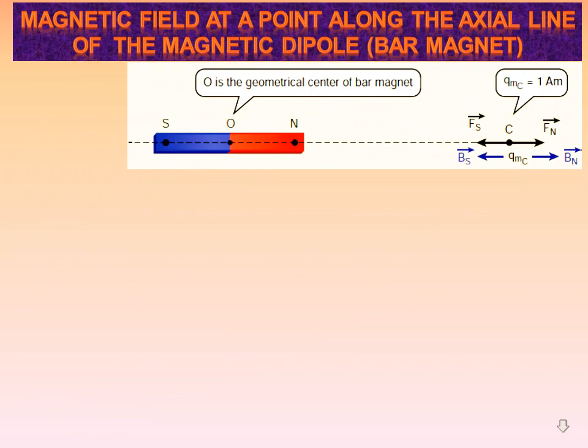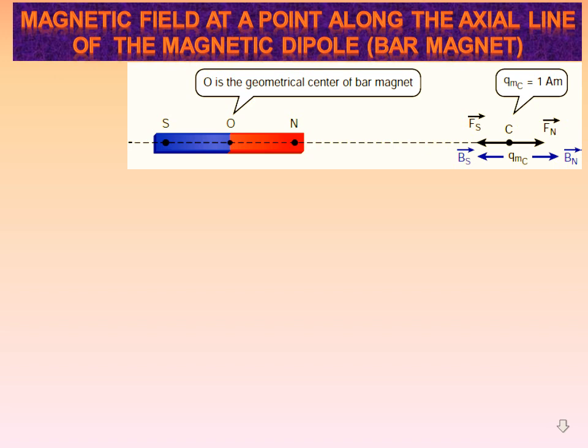Now let's see the magnetic field at a point along the axial line of a magnetic dipole, a bar magnet. Already we saw this type of thing in electrostatics. We saw an electric dipole along an axial line in electrostatics.